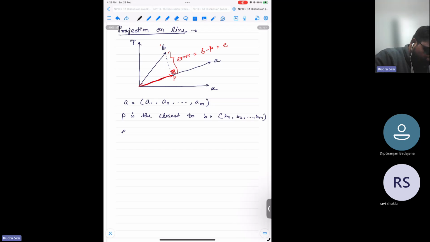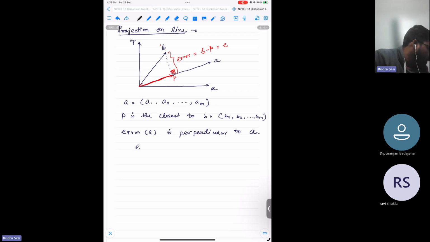Now the error E is perpendicular to the A vector, right? Perpendicular to A.